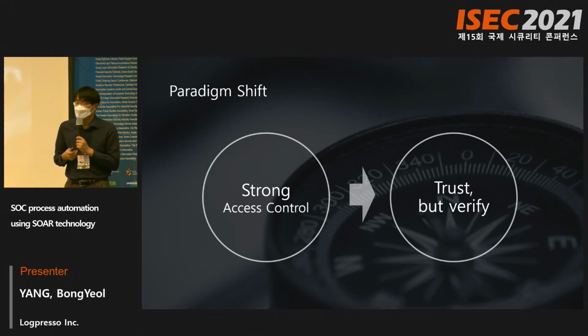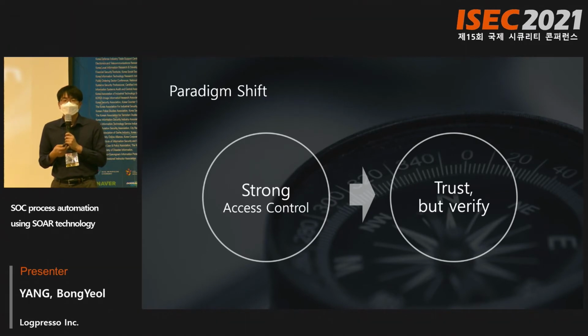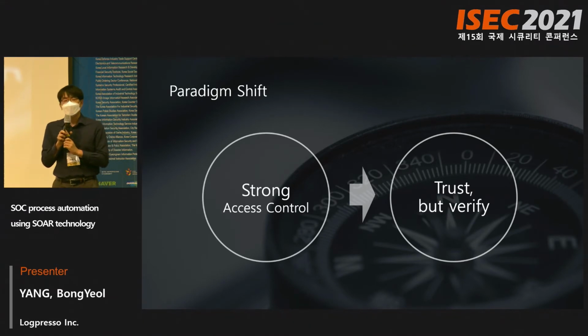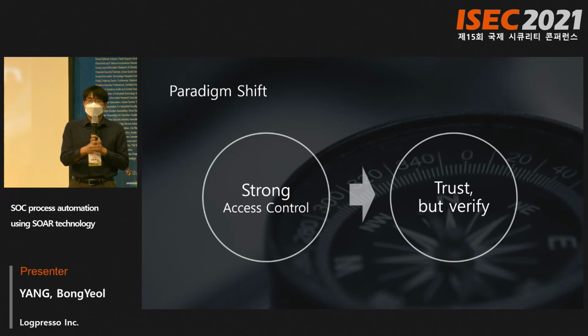The goal is to change the paradigm in security, because in the conventional style of security, it was to install very strong access control, so it is to block anything. For example, copying to USB, no. Emailing, no, you have to keep it authenticated.